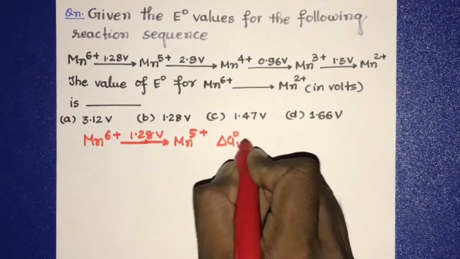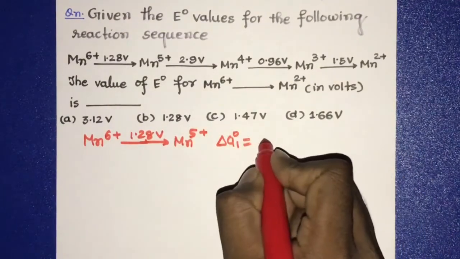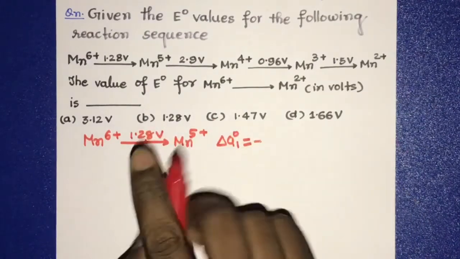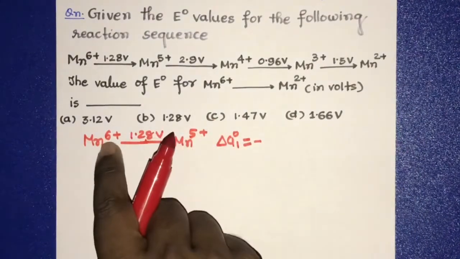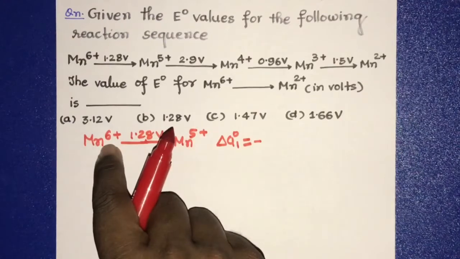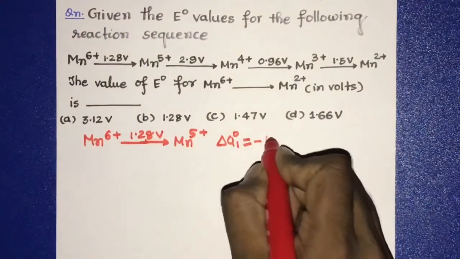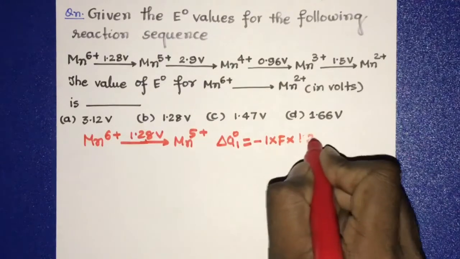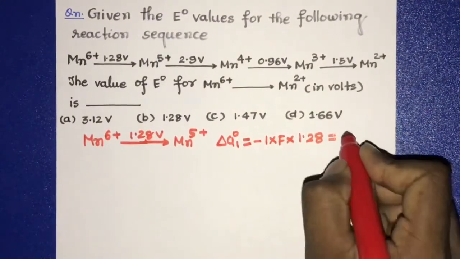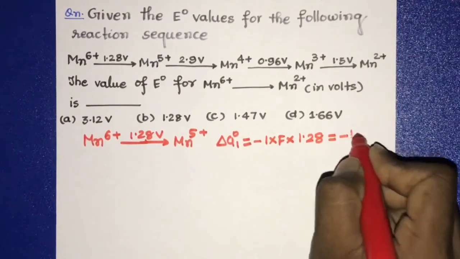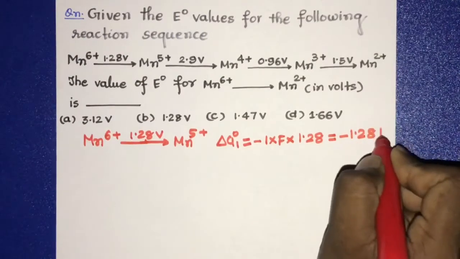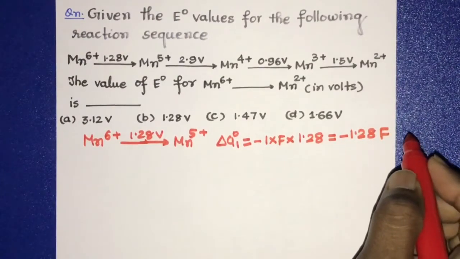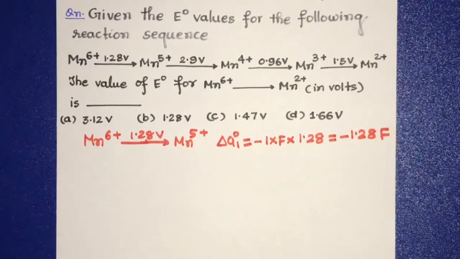It is delta G naught 1, and it will be minus nFE0 cell, where n is the number of electrons, so it has gained 1 electron, so 1 into F into E0 cell is 1.28. So delta G naught 1 value is minus 1.28 F.